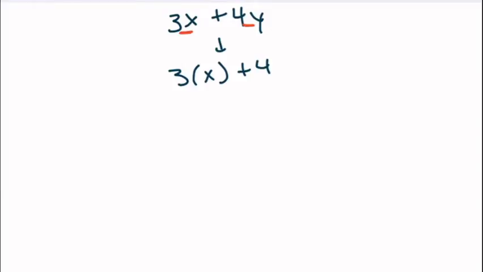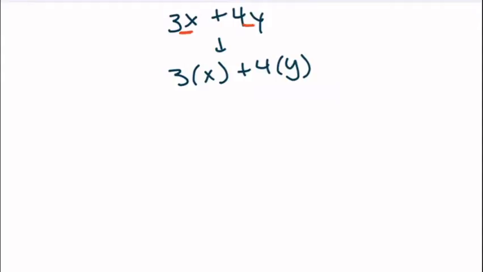Let's try a different expression like 3x plus 4y. So this time we have multiplication on two different variables. So this is actually the same thing as 3 times x plus 4 times y. Let's evaluate this with the same set of numbers as before.